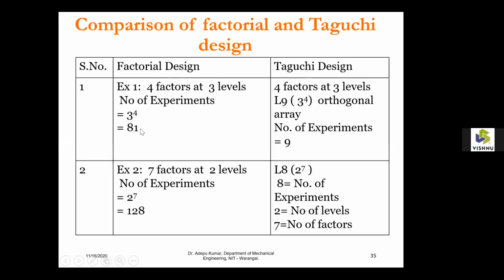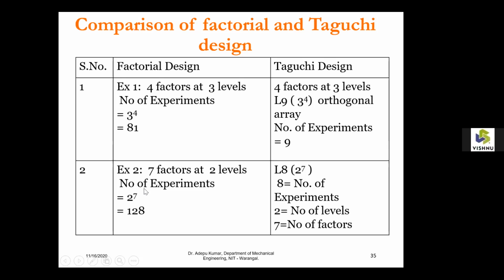Then you are going to do not only one experiment, you have to do at least 3 sets of data: 81 into 3 is 243, whereas here 9 into 3 is 27 experiments. How many experiments are reduced! How much material is saved! So cost is also reduced.